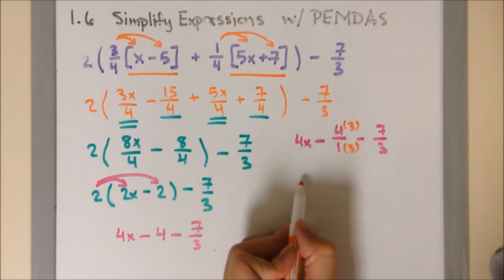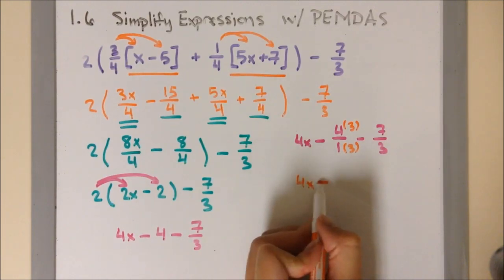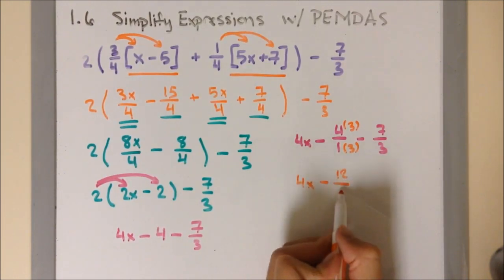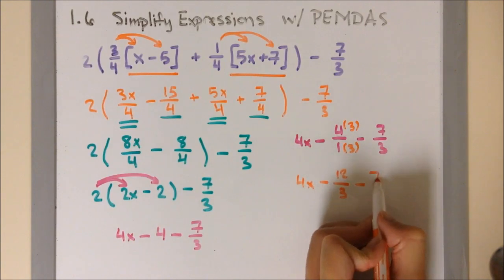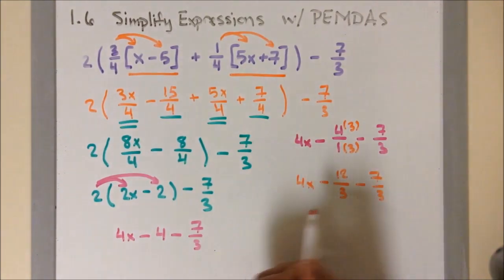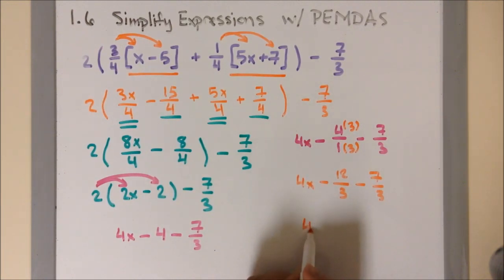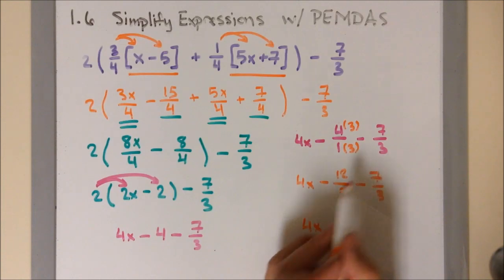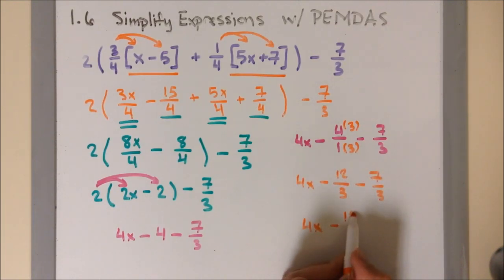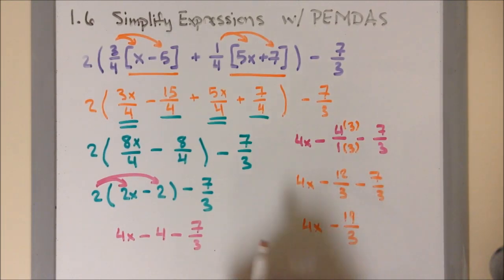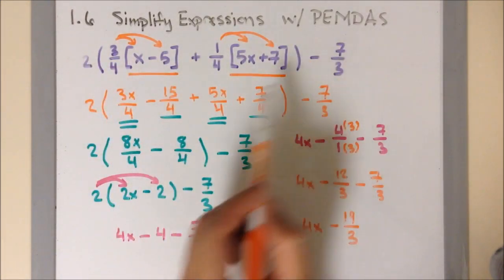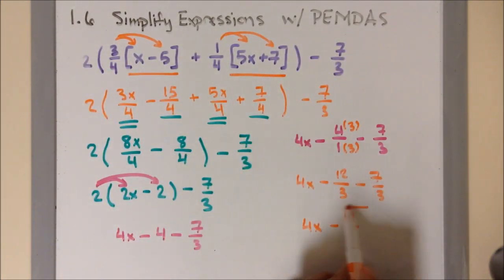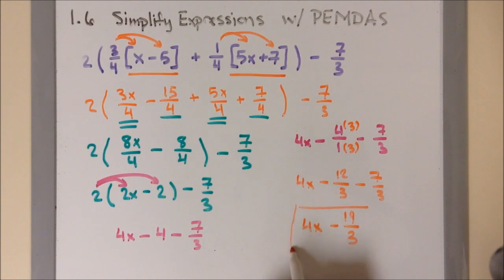So when I do that, it's going to be 4x minus 12 over 3 minus 7/3. So when I combine these two numbers, 4x stays the same. It's going to be negative 12 minus 7, which is negative 19 over 3. So I simplified this whole big expression into 4x minus 19 over 3.